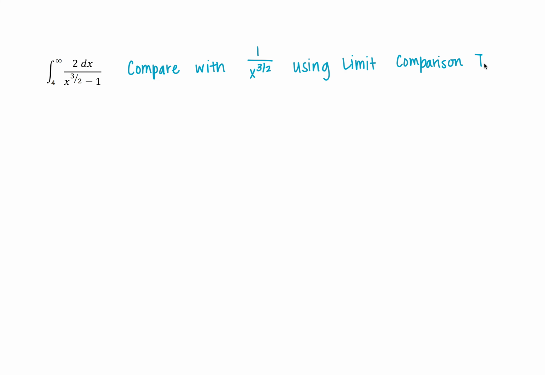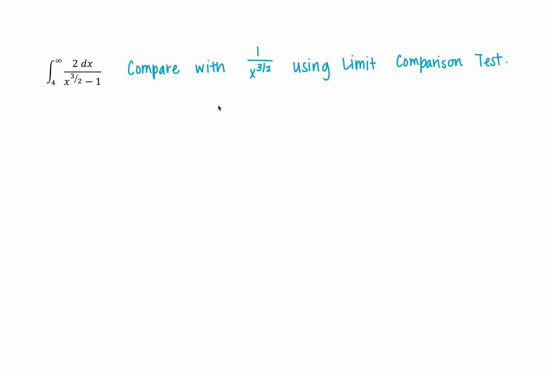Now, a couple things to keep in mind here. When I compare with the limit comparison test, it's not going to give me a value for the integral. It's just going to tell me if my integral is going to converge or diverge. Going back to that first example again, I've got 1 over x to a power.